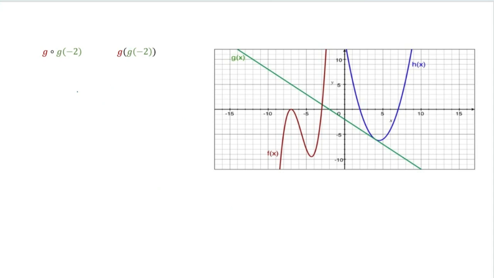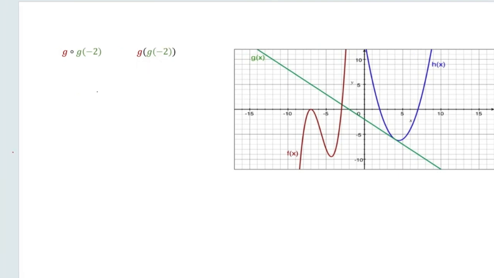This is g of g of -2. So it's a function within itself. So let's go to g, and we're going to do the inner g. Let's go find -2, which is here, and that is 0. g of -2 equals 0.